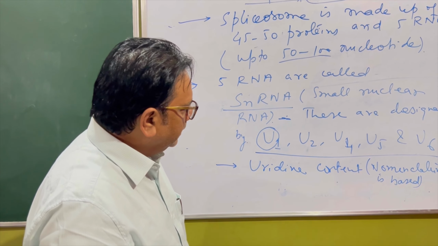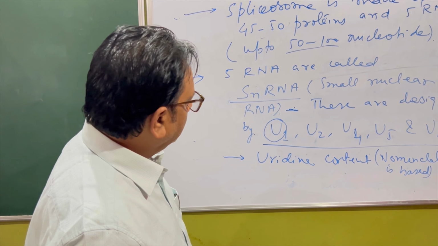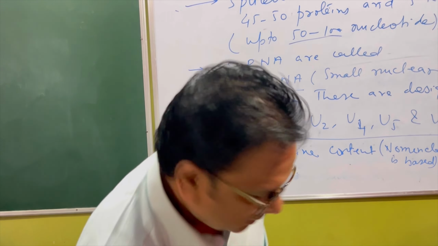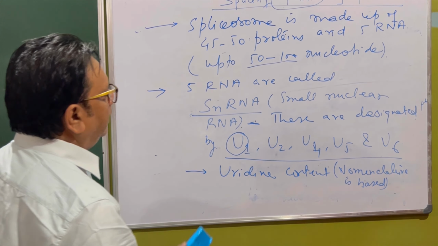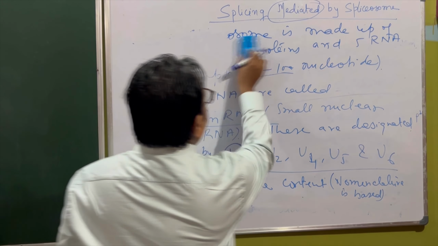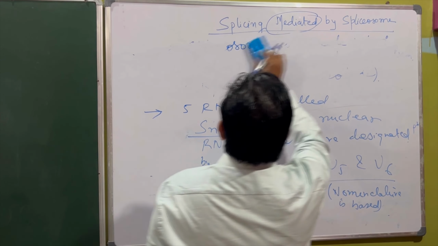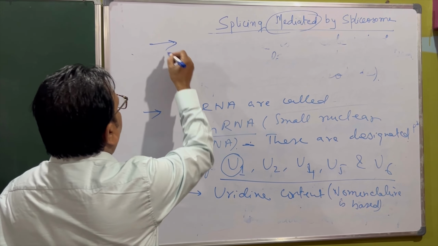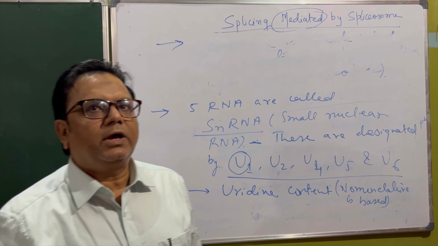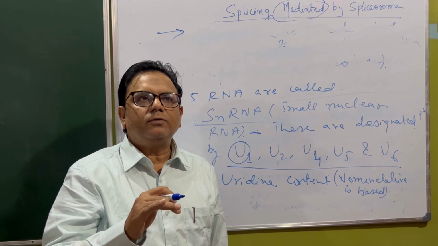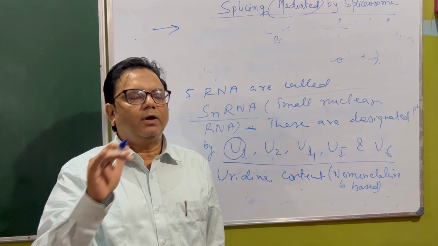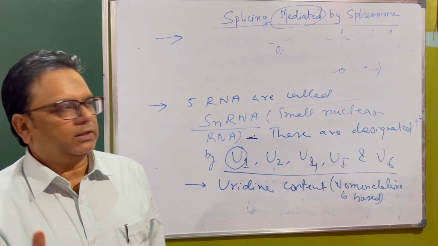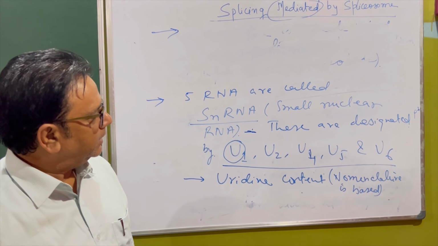Now another thing is that these snRNA, we have already told that the spliceosome is made up of 45 to 50 proteins and 5 RNA. We have now written about RNA.